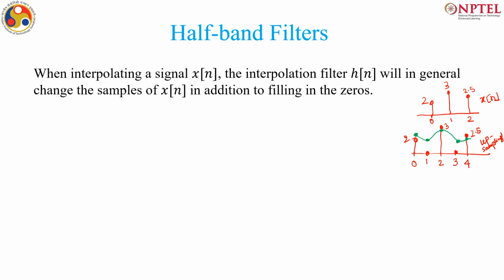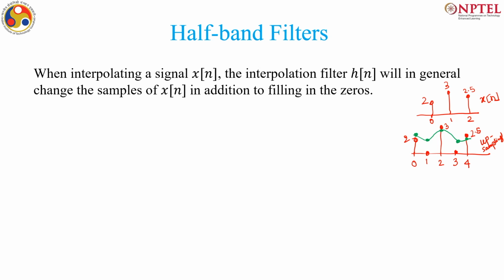Now, you can see that although the green curve is smoother, the original values of x n are distorted. In the new interpolated signal, my resulting values are quite different from the original values.